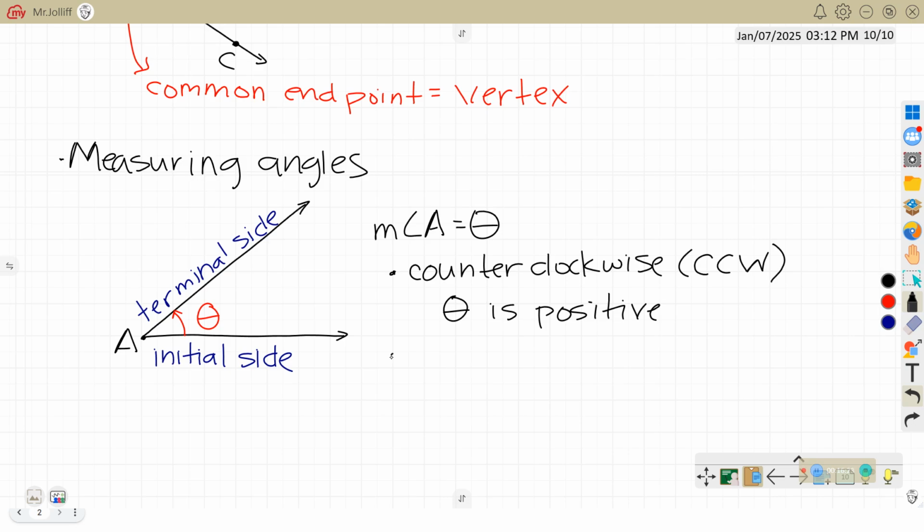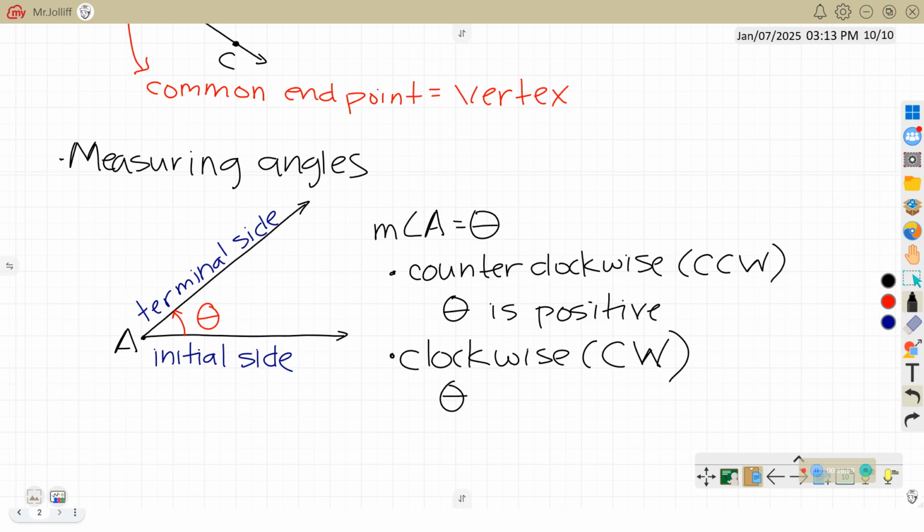If I had drawn this arrow the other way so that it rotated the same way a clock hand does, that would be clockwise, or CW for short. And if I am rotating backwards, what do we think happens to that angle? It's negative. Yeah, flip sign.